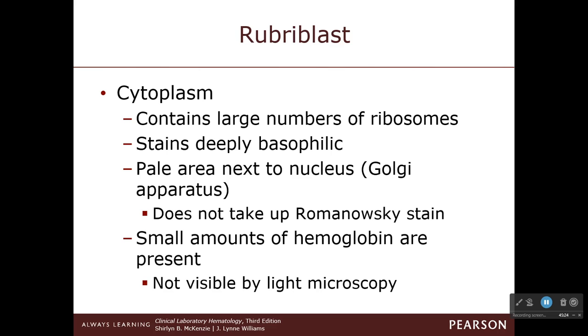Okay, it's a guy's name. Romanowsky stains are just a category. This guy discovered a whole bunch of different types of stains that do cell stains. They stain cells. And so he gets kind of the credit of creating a whole batch of them. But Wright, the guy Wright, came up with the one for hematology. I will tell you this, there's also, let's see if I can spell it right.